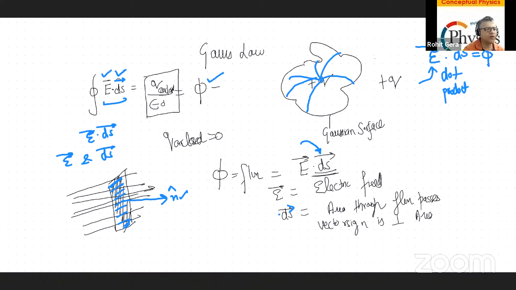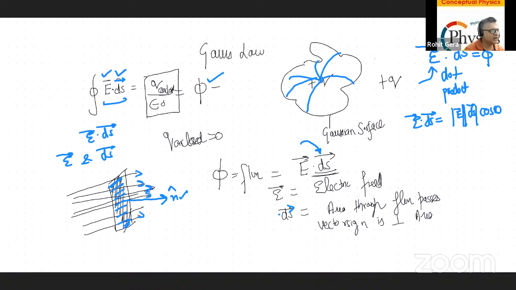Now, what is the formula of E dot ds? It is magnitude of E into magnitude of ds into cos of the angle between the two vectors. In this case, for example, the electric field is in this direction.